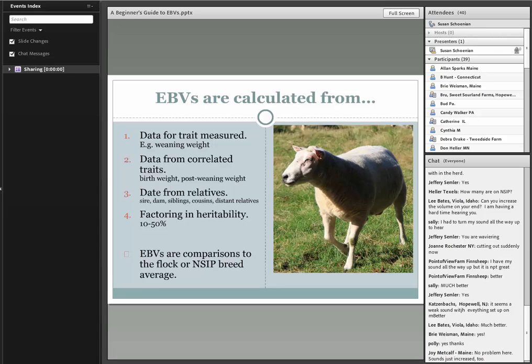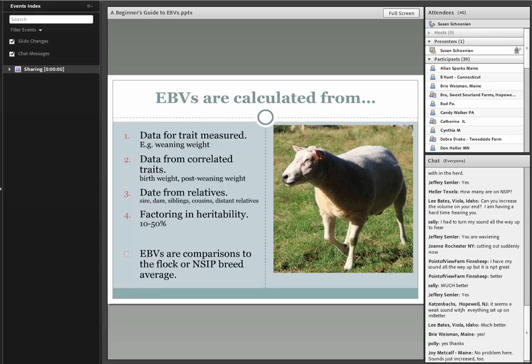Then we add the data from the relatives: the sire, the dam, the siblings, the half-sibs, the cousins, the distant relatives. The more, the better. So on our farm, when we select a lamb or kid because it's born a twin, a lot of times we're just selecting on that one animal's data. We really need to be selecting on the family and all these other relatives.